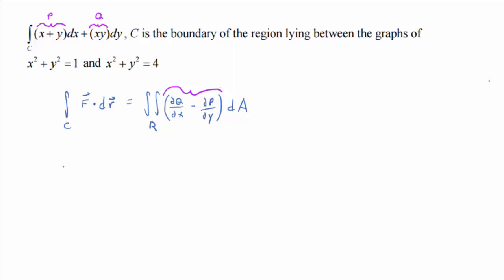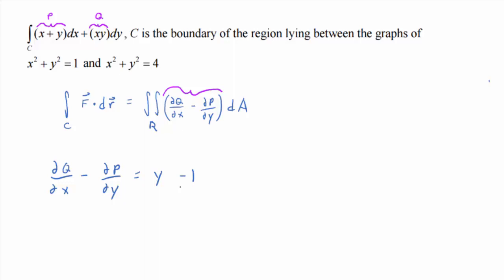What is dQ/dx, the derivative of x times y with respect to x, minus the derivative of P with respect to y, which is 1. So y minus 1 is going to be your integrand. That's not so bad, right?